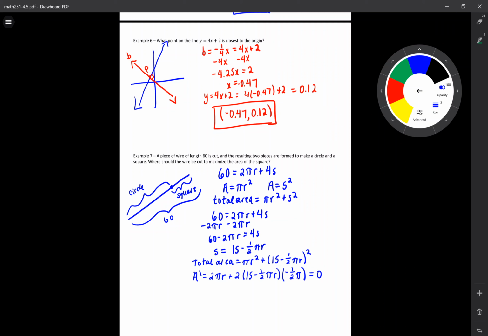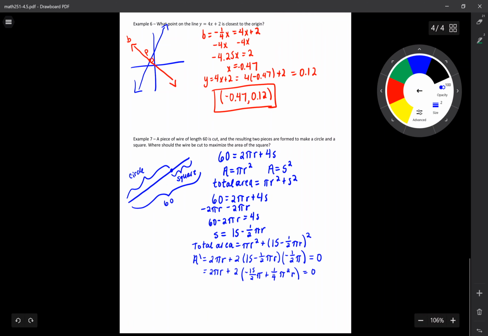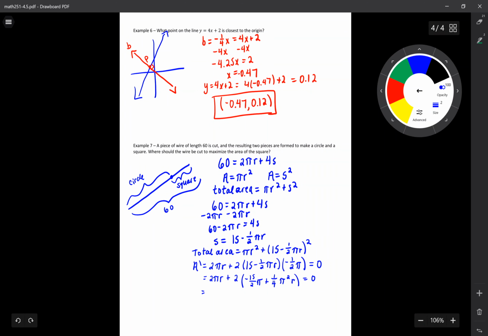So from here, I need to solve for r. If I multiply out these last few terms, I get 2 pi r plus 2 times 15 times negative 1/2 pi, which is negative 15/2 pi. And then I get plus 1/4 pi squared r is equal to 0. So multiplying out that 2 gives me 2 pi r plus negative 15 pi plus 1/2 pi squared r equals 0.